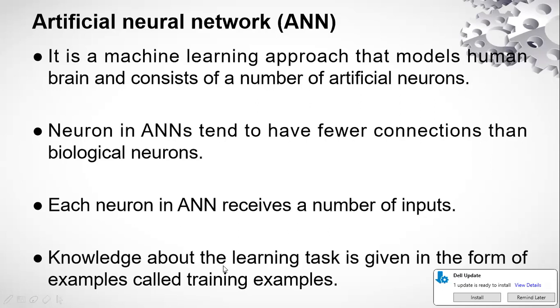Last thing is, knowledge about the learning task is given in the form of examples called training examples. Why we call them training examples, I already told you: we give a certain input problem and a set of guidelines or rules on the basis of which the neural network is going to solve the problem and give the result. So if the same type of example problem is ever given to it, it will learn through this training set of data and give the result.